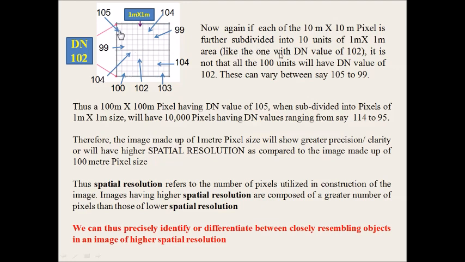So it is not that each of these pixels will have a DN value of 102. They may have values ranging between, say, 105 and 99.